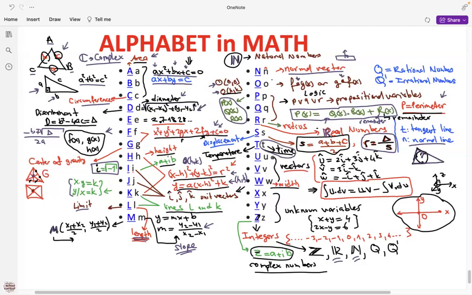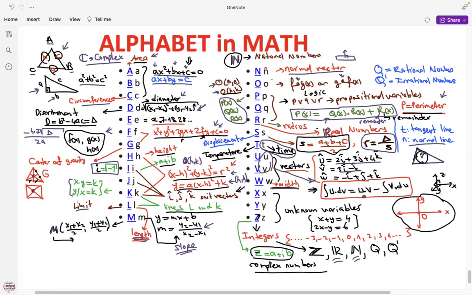When it comes to U, V, and W, W is for width, length, and height together. Definitely you think about them together. And U and V are the vectors here. As I told you, I, J, K are the components of the vector, and U and V are the general name of the vectors. U and V we are specifically using in calculus also.